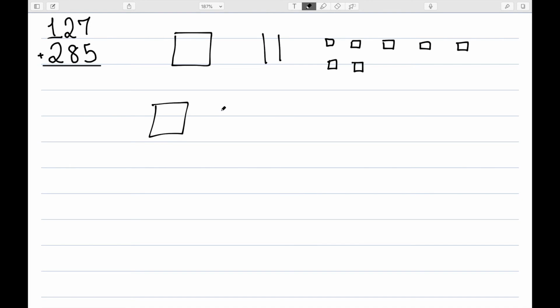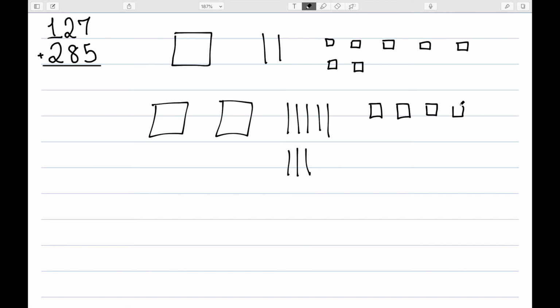Let's look at one more. 127 plus 285. We'll have our 100 block, 2 10 blocks, and 7 1 blocks. For 285, we need 2 100 blocks, 8 10 blocks, and 5 1 blocks.